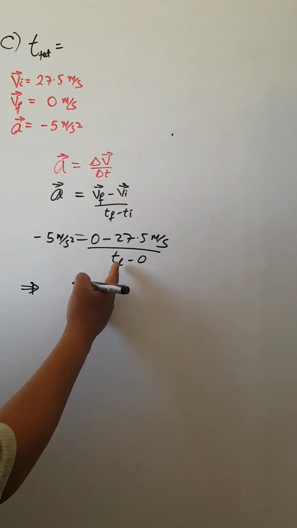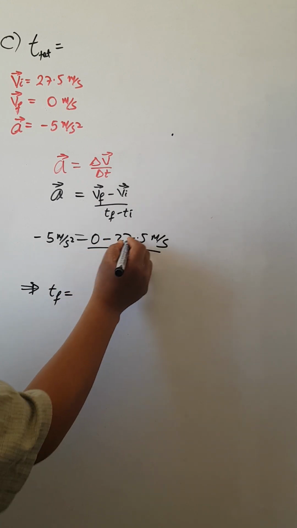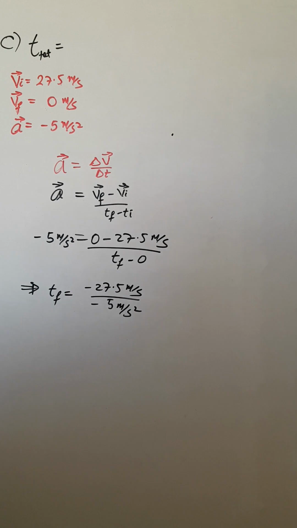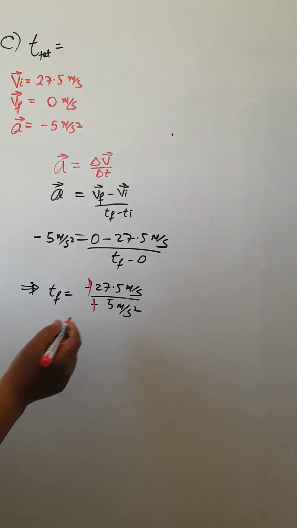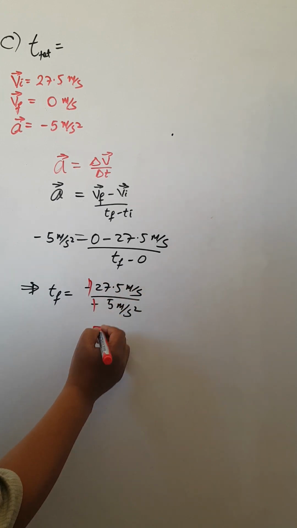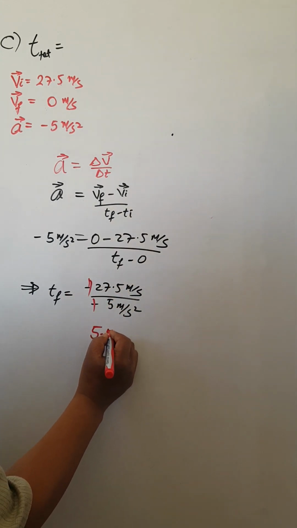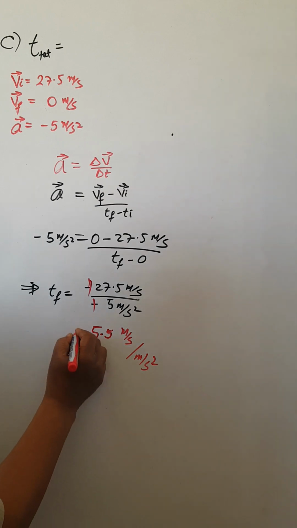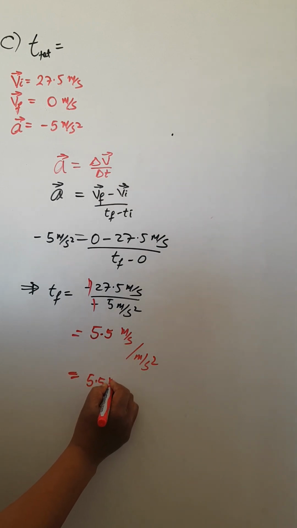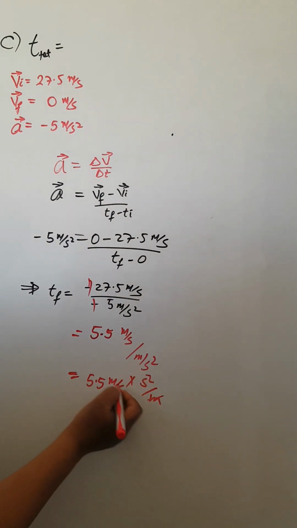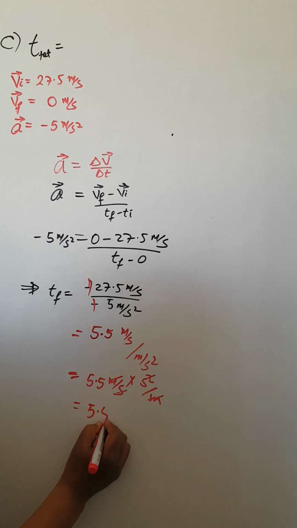Now this implies tf is equal to 0 minus 27.5 meter per second divided by negative 5 meter per second squared. The negatives can be cancelled out. Then 27.5 divided by 5 is 5.5. The units are meter per second over meter per second squared, which is 5.5 second.